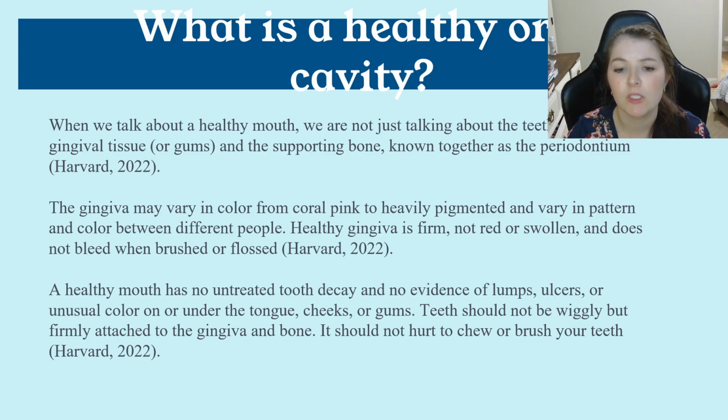Teeth should be firmly secure, meaning they shouldn't wiggle or feel loose in the mouth at all. Chewing and brushing should not cause discomfort, and any pain while eating or brushing can indicate some type of underlying issue like cavities, gum disease, or other oral health problems.